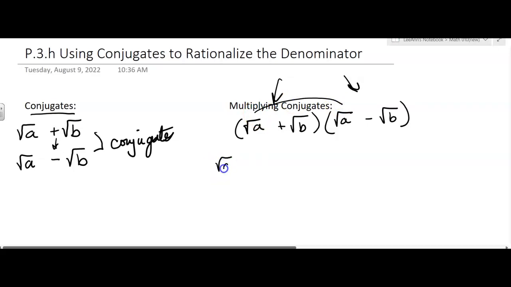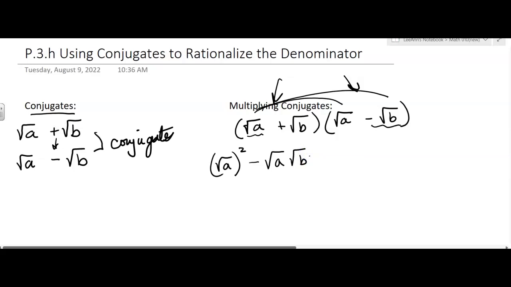That's the square root of A squared, right? Because they're the same. Then you have the square root of A times the square root of B. But notice that this is positive and this is negative. So it would be negative square root A square root B.